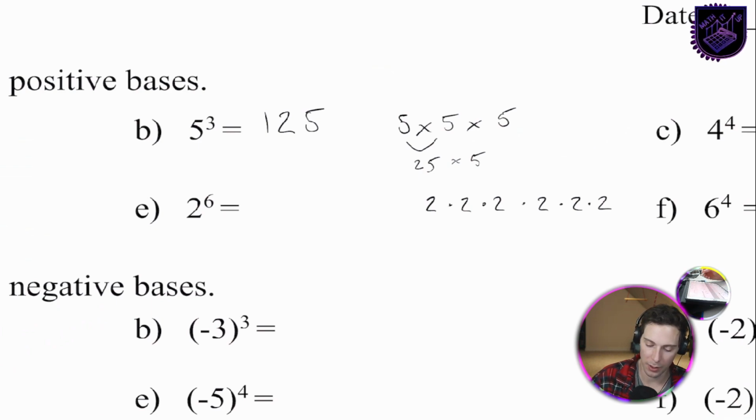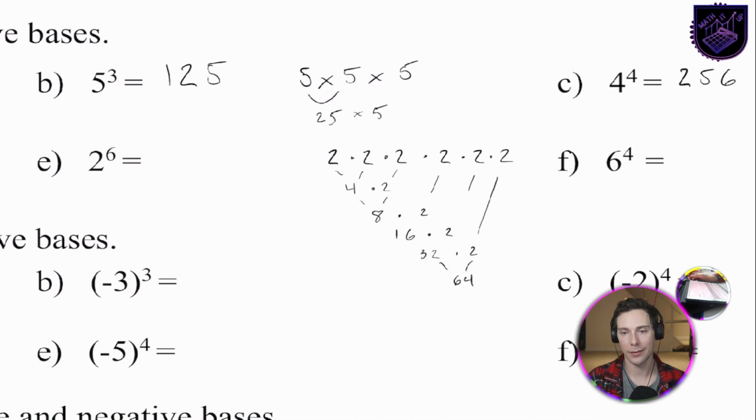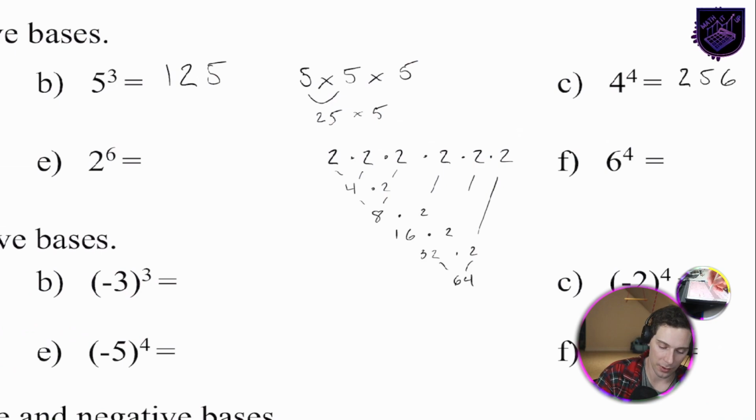Save some scribbling. 4, 8, 16, 32, 64. So it's a little bit less. It's a much smaller number, even though it's to the power of 6, because the base is 2. It's only 64.